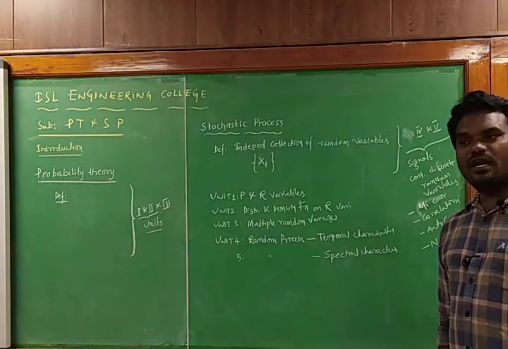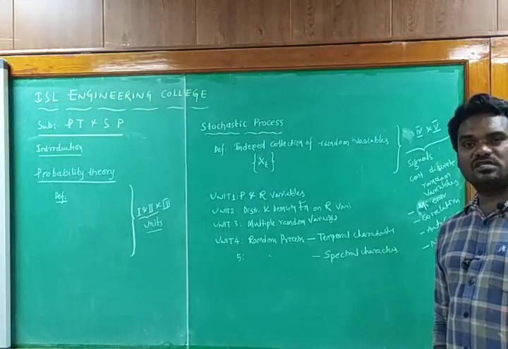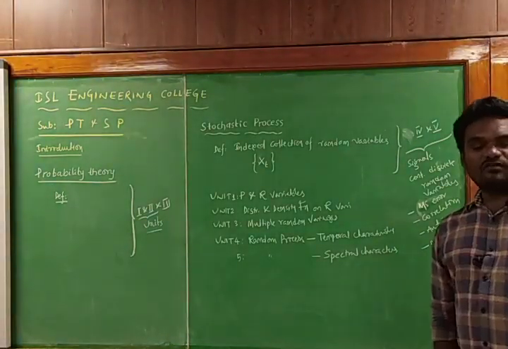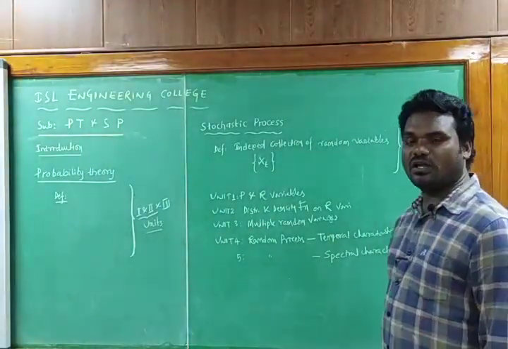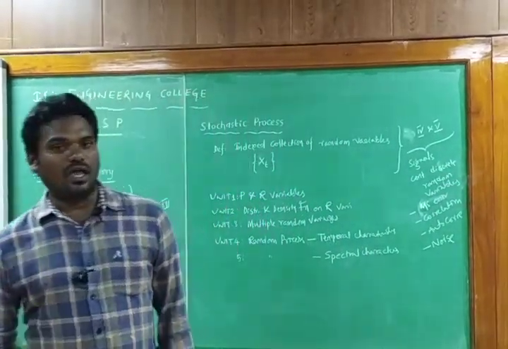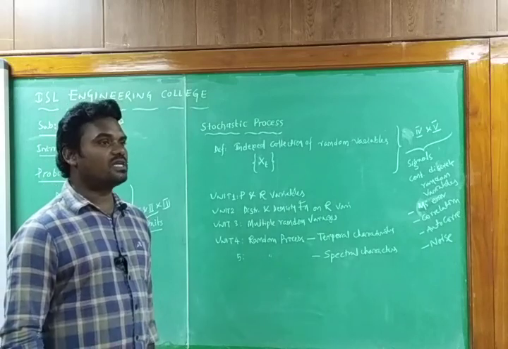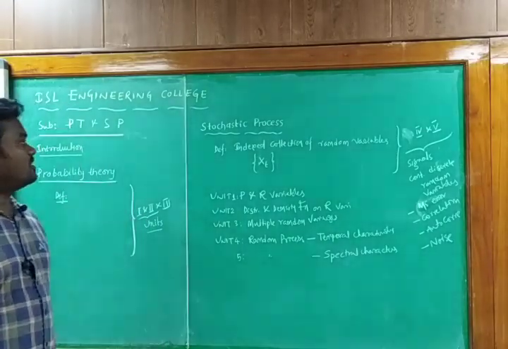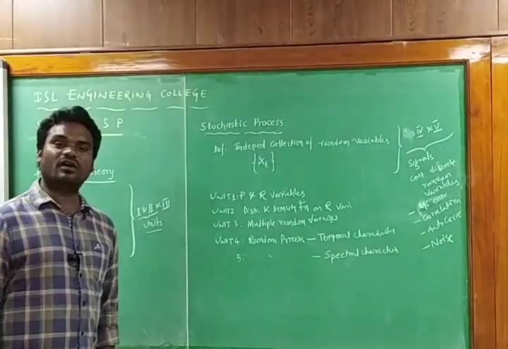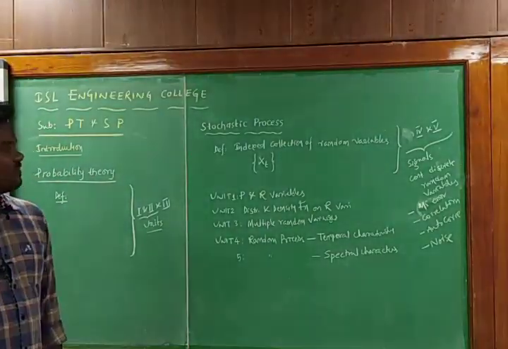For those random variables or functions, we have to study the mean square errors, some noise signals, and the correlation and autocorrelation. All these things will be studied in the case of stochastic process. So these are the topics we are going to cover in the 4th and 5th units.